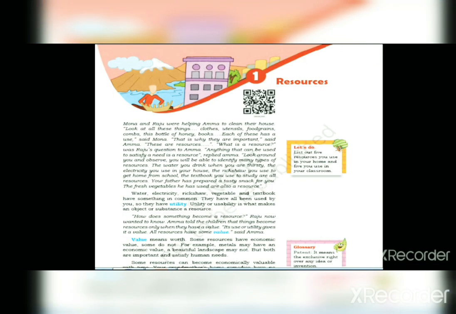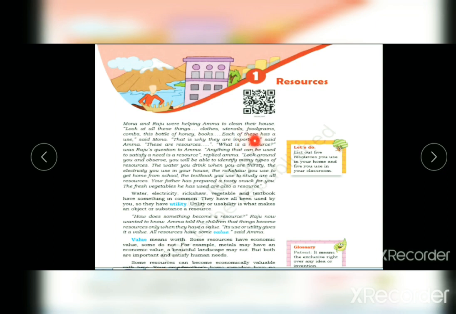So now today we are going to learn about geography lesson number 1 of class 8. So guys, let's start with the first lesson, resources. Mona and Raju were helping their amma to clean their house. Look at all these things: clothes, utensils, food grains, combs, this bottle of honey, books.